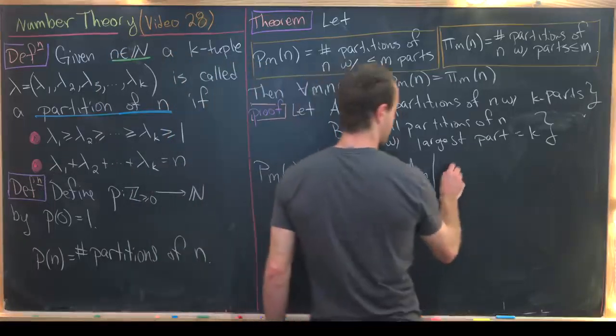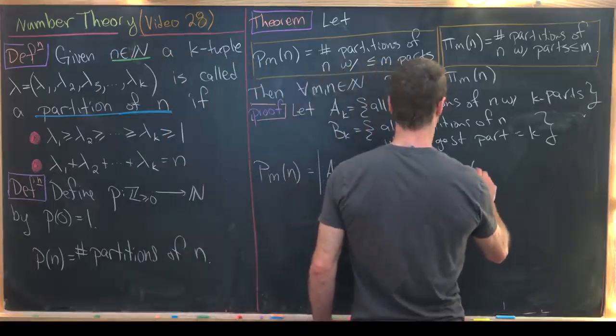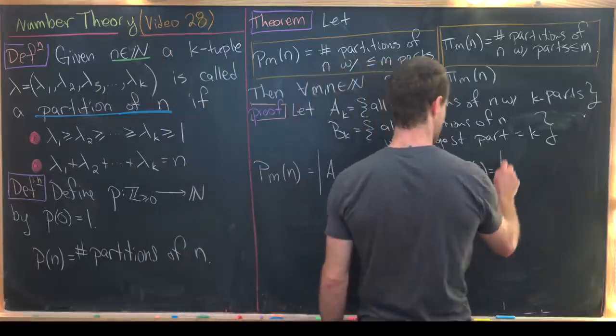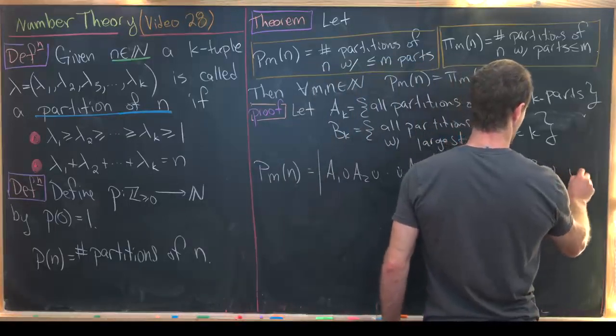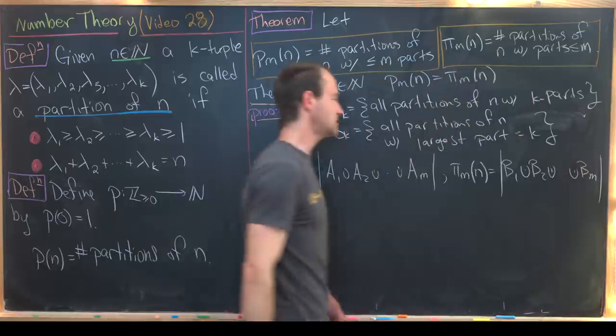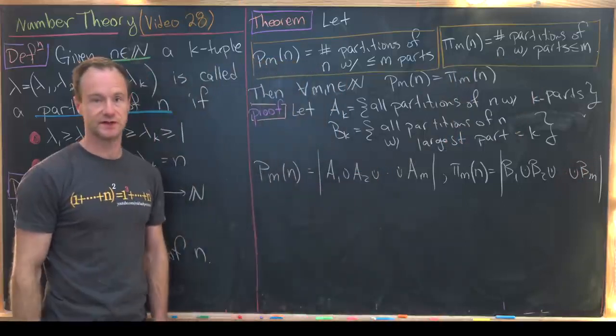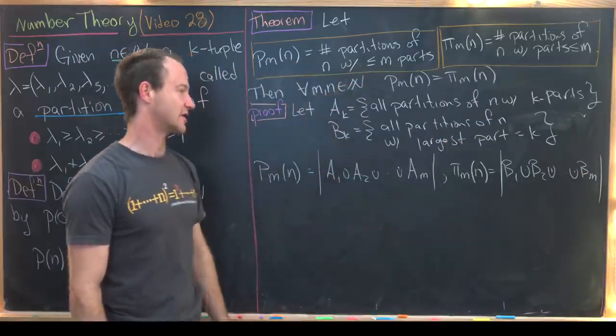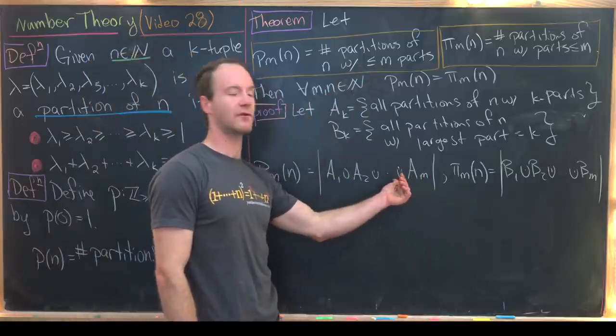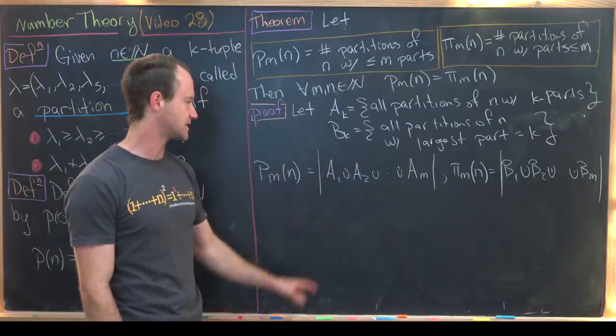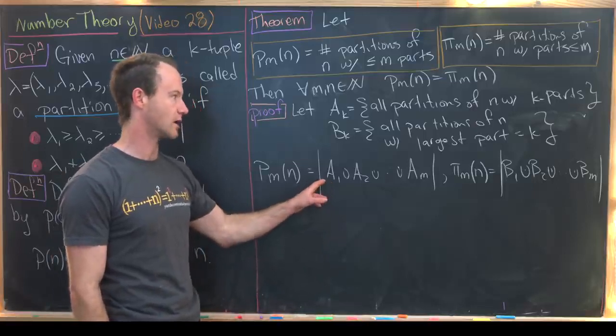And furthermore, pi_m(n) will be the number of elements in B_1 union B_2 union all the way up to B_m. Again, those are disjoint unions. That's because here we want less than or equal to m parts. So this would be exactly m parts. The one right below it would be m minus 1 parts. All the way down, this would be 1 part.